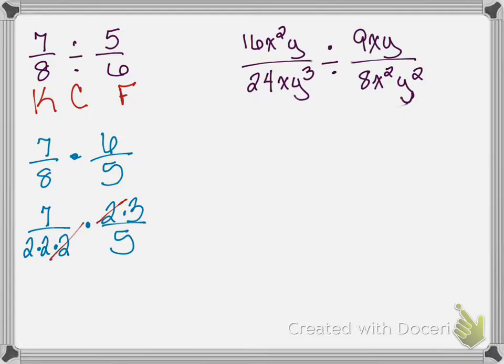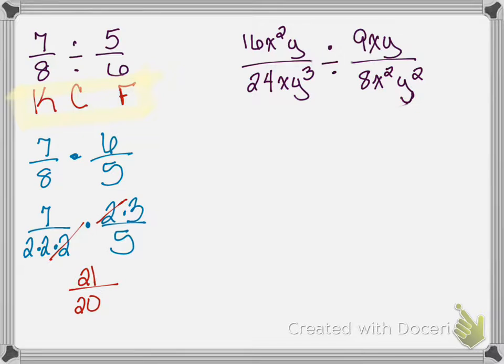There's not a lot that cancels there, right? What's 7 times 3? 21. Good. 2 times 2 times 5. 20. Good. So don't forget your keep, change, flip. You're going to do that first.